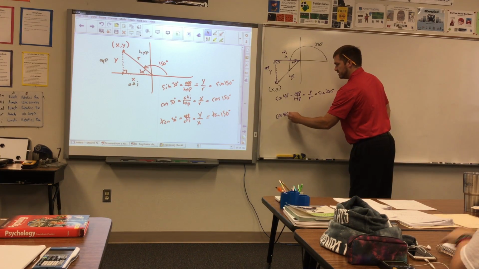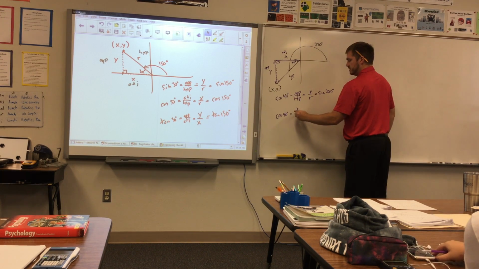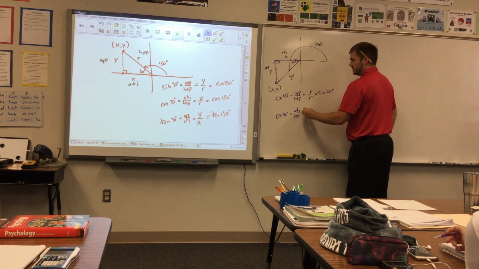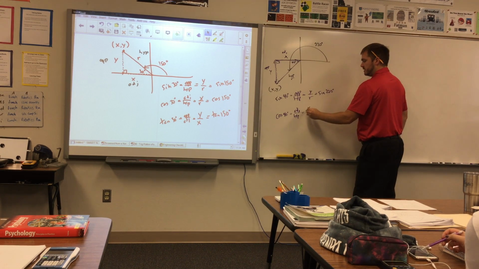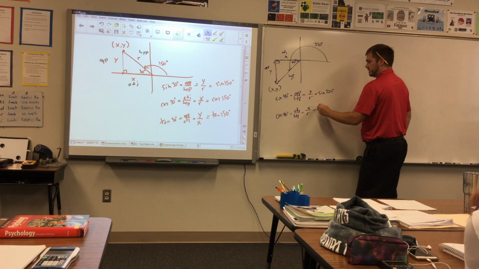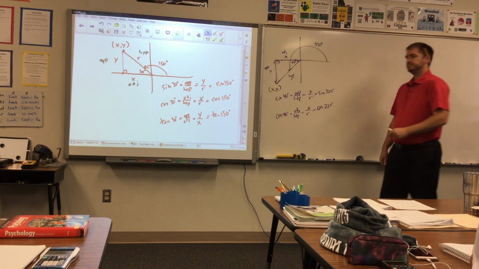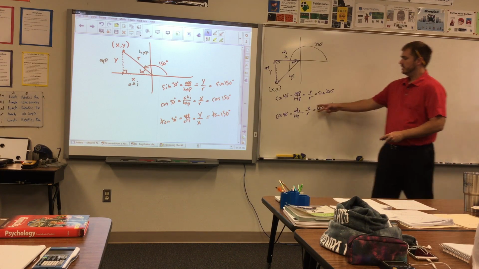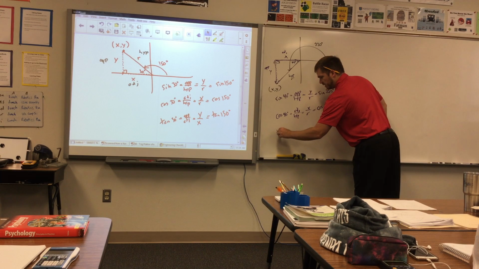Cosine is adjacent over hypotenuse. So the adjacent is the x, hypotenuse is the r. That's the cosine of 220. Awesome, nice. We're getting some consistency here. What about tangent?